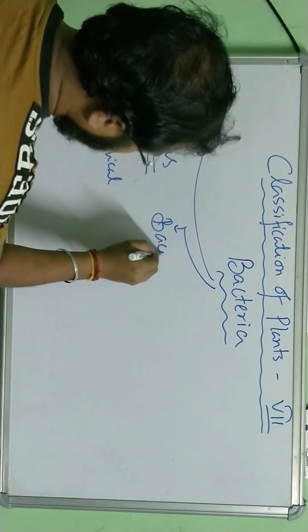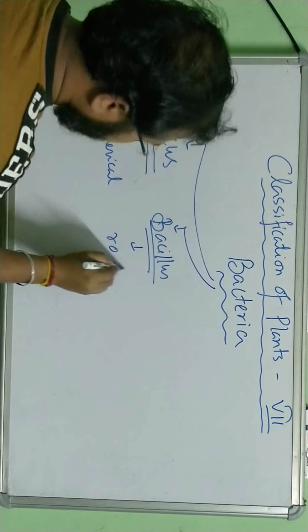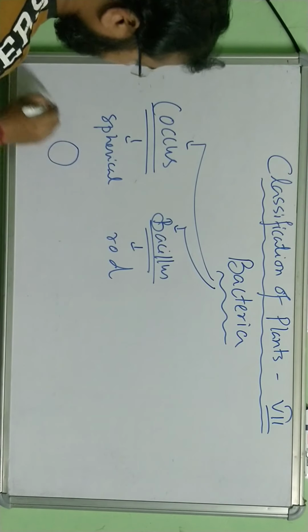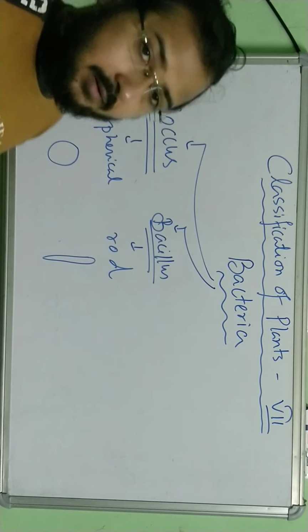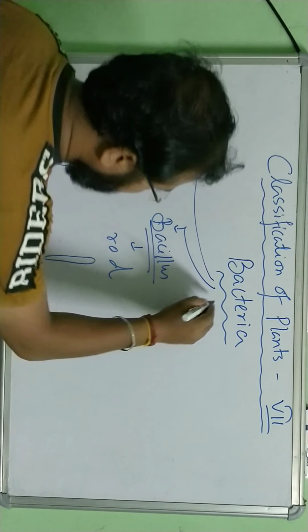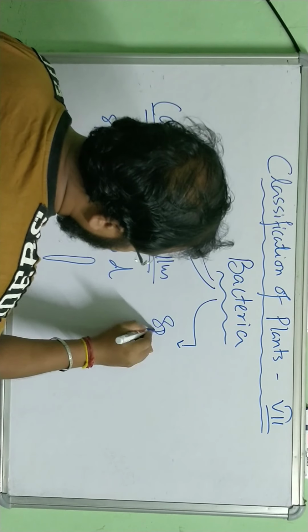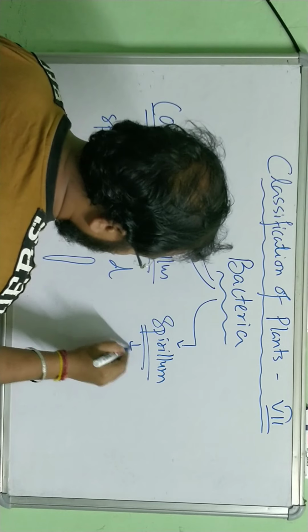Bacillus. Bacillus is a rod shaped bacteria. The next one, Spirillum, which is of spiral shape.